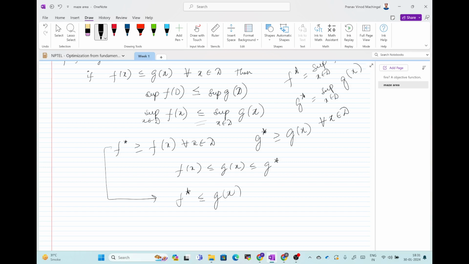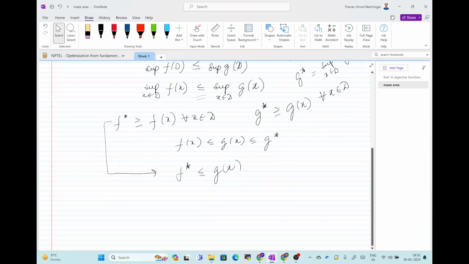Yeah, g of x can be less than f star because at that point f of x can be less than g of x, but f star can be more than g of x. Can you give an example?